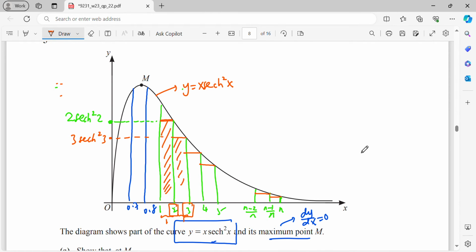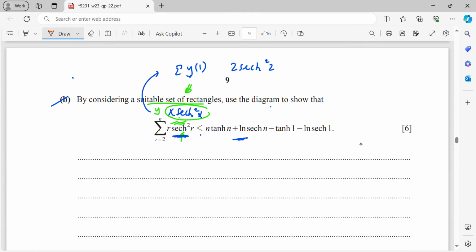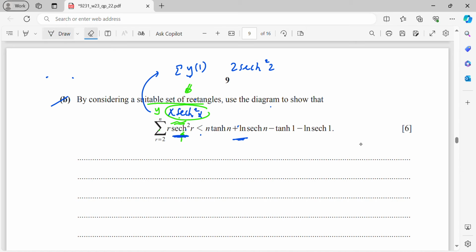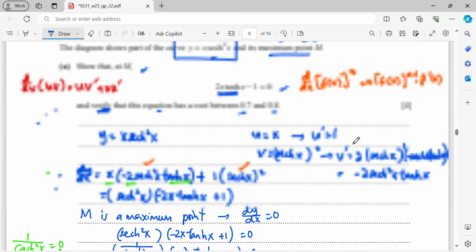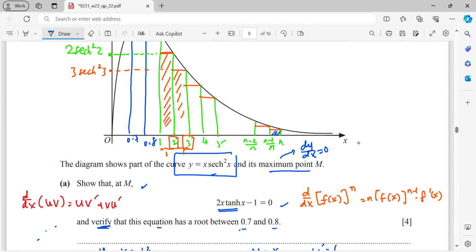Okay, so from here I will say that the sum of the areas of rectangles equals 2 secant squared 2 times 1, plus 3 secant squared 3 times 1, plus, until the last one is following the n.